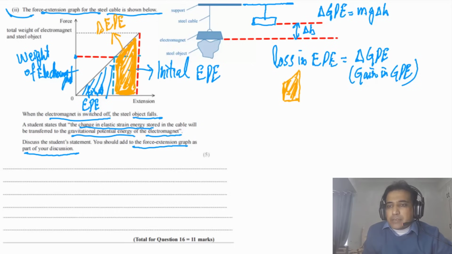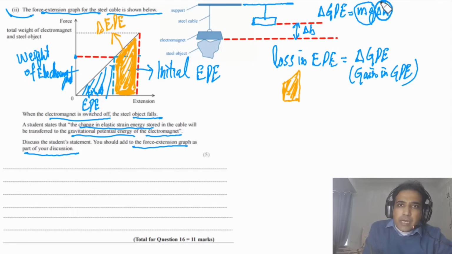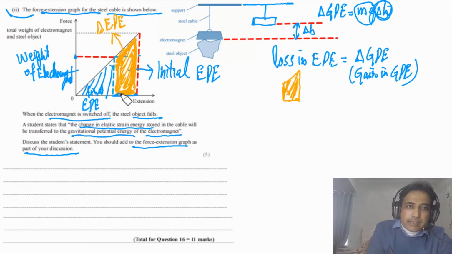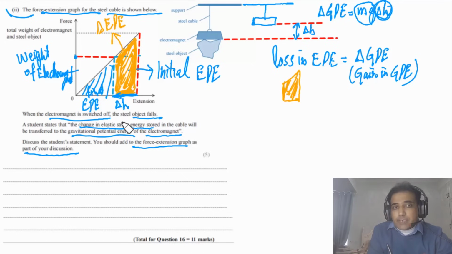Now in this case, what is the gain in GPE? Gain in GPE is equal to the weight times the height, which is the decrease in extension, delta H.